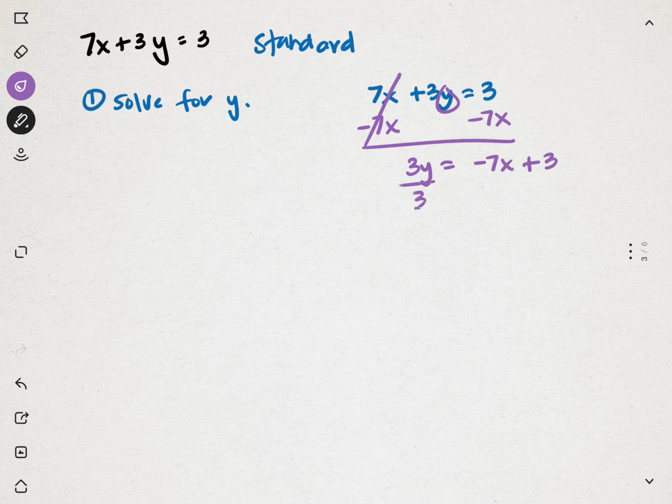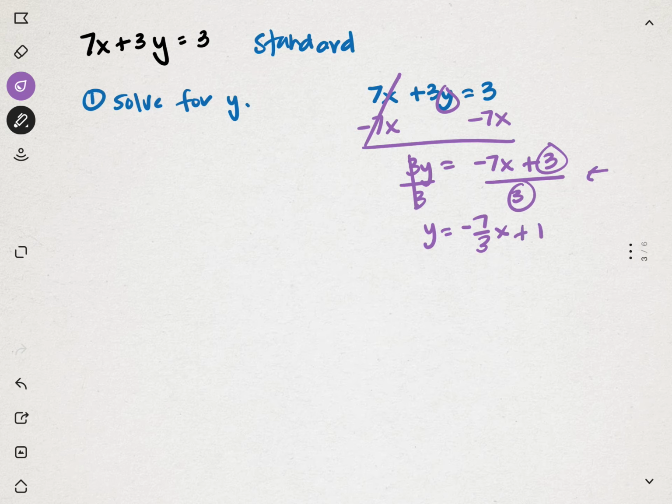Next step, we're going to divide by 3 to get rid of it. So y equals, and even though we have a big fraction here, what we can do is separate it into two separate fractions. So negative 7x over 3, so negative 7 thirds x is the first part. And then the second part, 3 divided by 3 is 1.